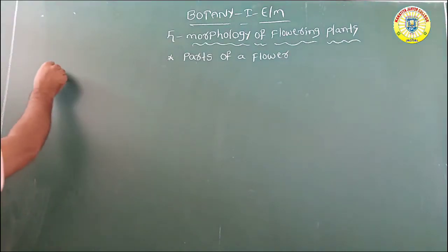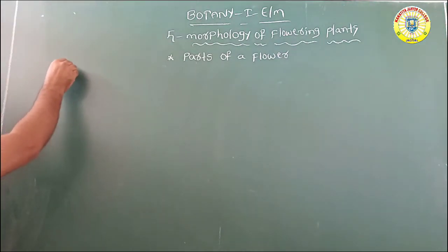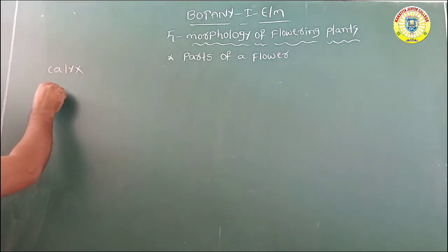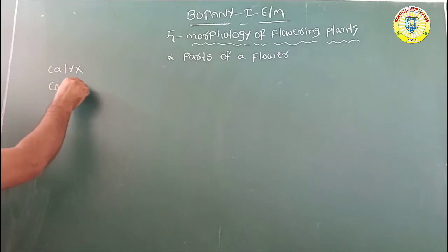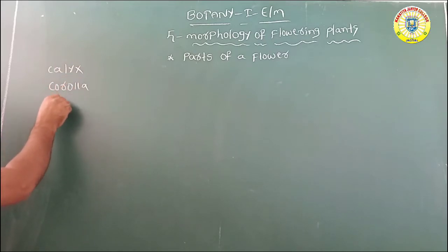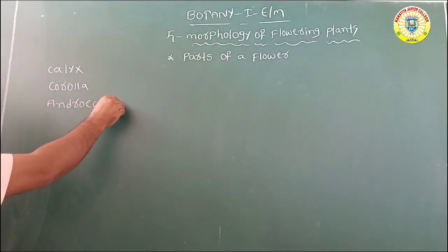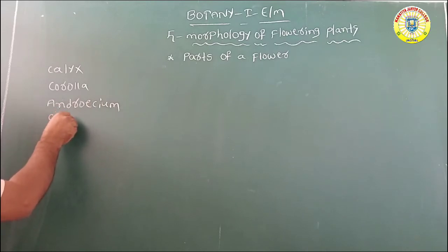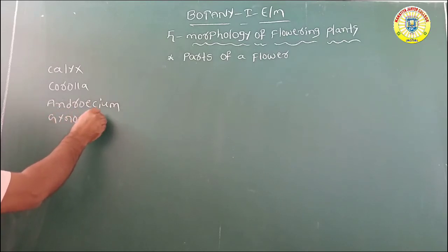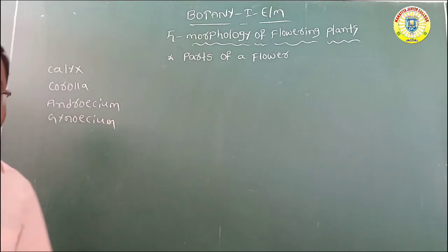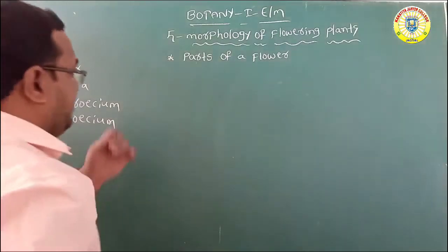One is the calyx, corolla, androecium, gynoecium. These are the common parts you can see in a flower: calyx, corolla, androecium and gynoecium.